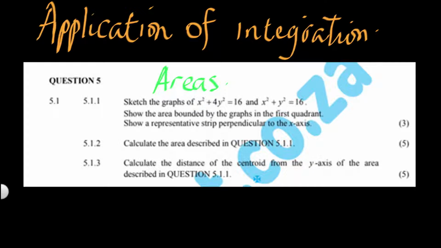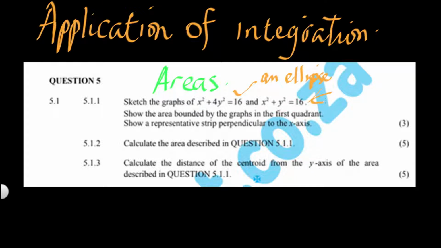Now, because sketching graphs is part of this application of integration, whether it is volumes or areas, you need to master the art of sketching graphs. So if I look at my graphs here, I see that this first graph is an ellipse.